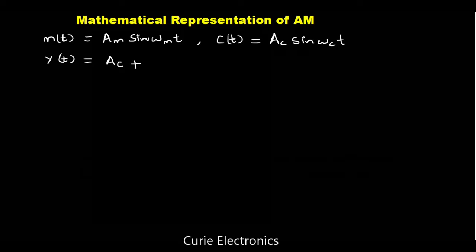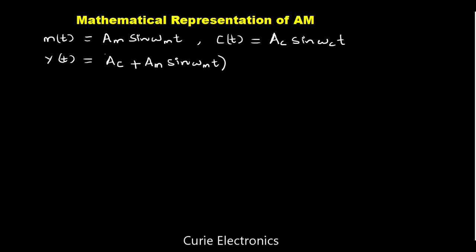But the message wave amplitude is constantly varying, it's not the same at all. So we write the full term, AM, sorry, it's a message signal, so AM sine omega m t.